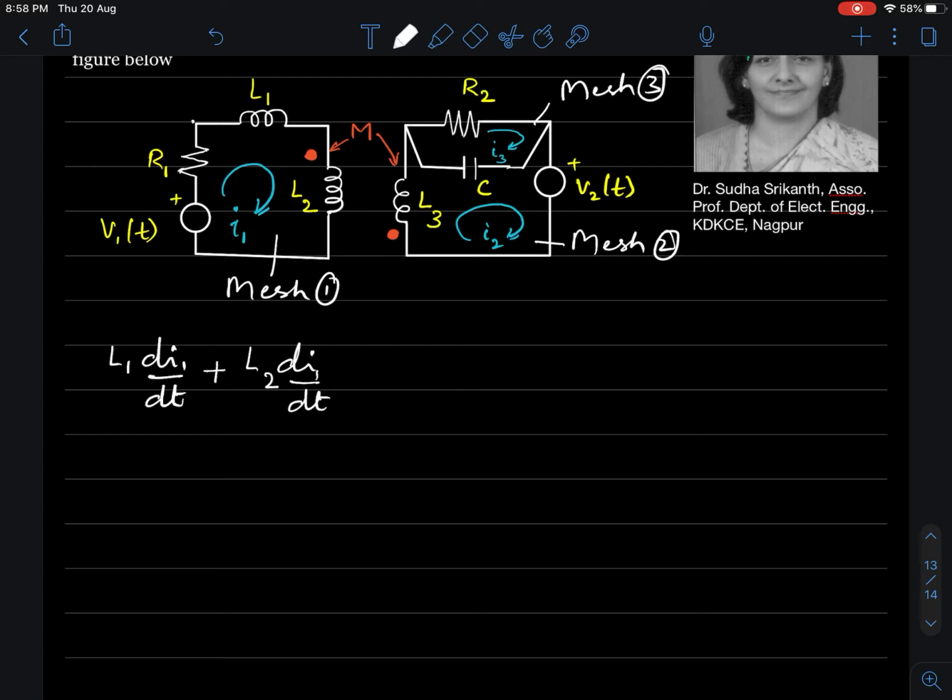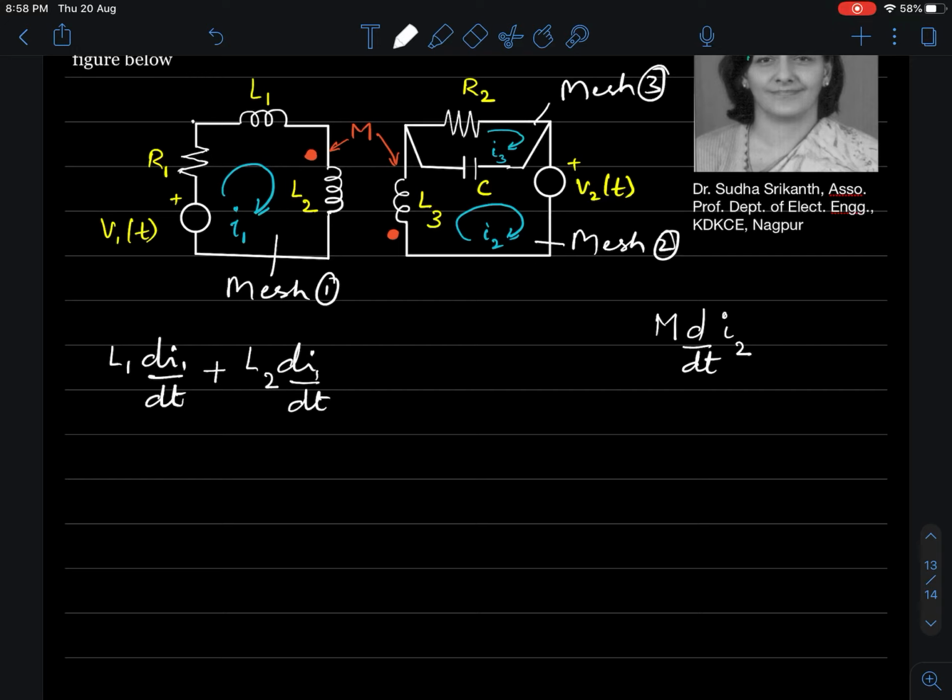It is the coefficient of mutual coupling M times d by dt of the current responsible for this mutually induced EMF, which is I2. So M di2 by dt is the magnitude. Now, should it be taken as plus or minus is the question. What determines the sign or polarity of the induced EMF? It is the dot.